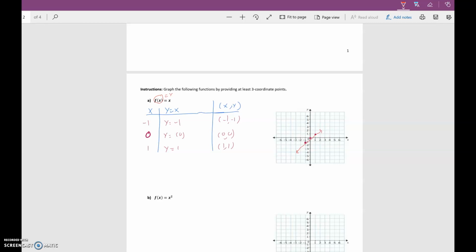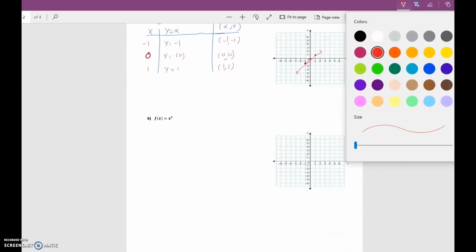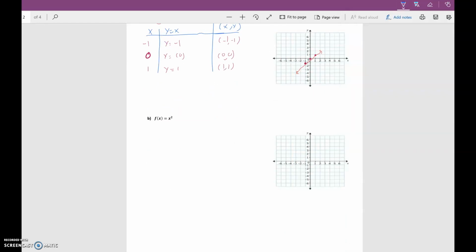Okay, so let's take a look at the second graph, or in this case B, and we're going to take the same approach, a grid system of coordinate points. So this will be your x's. This is y is equal to x squared, and then x's and y's. We can pick -1, 0, and 1 as well.